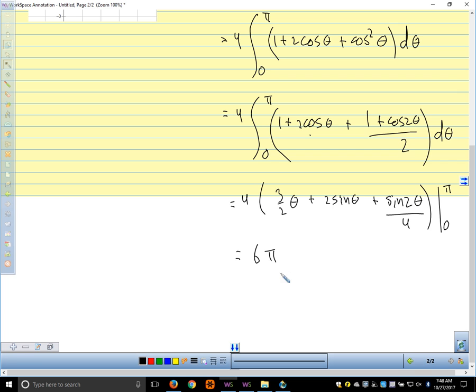So the area enclosed by that cardioid is 6 pi. This identity you will see often. You should at least be familiar with it, so you know, oh, there's that identity for cosine squared, or there's that identity for sine squared. All right, questions?